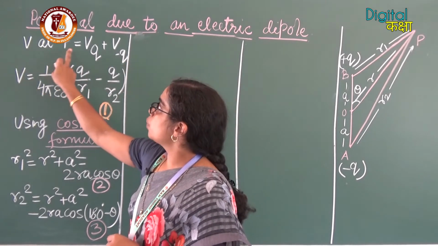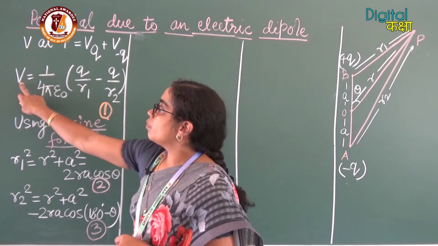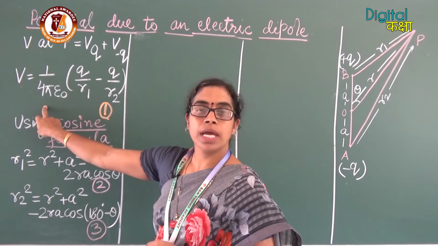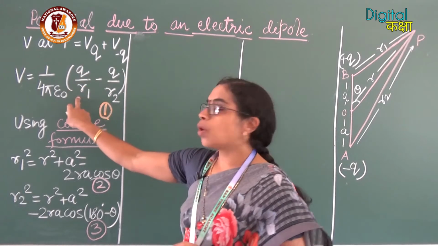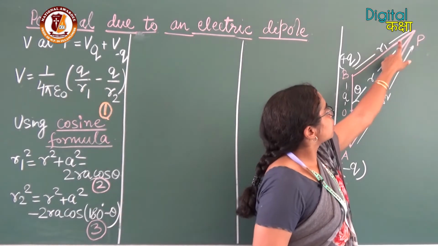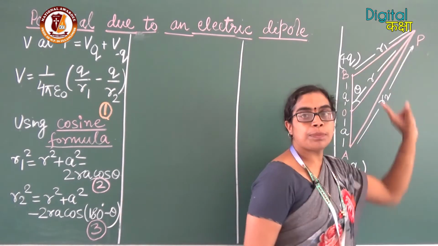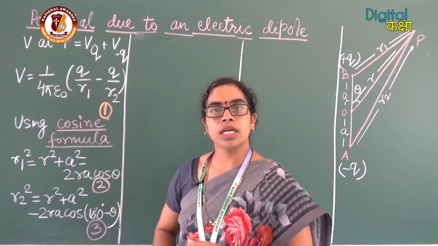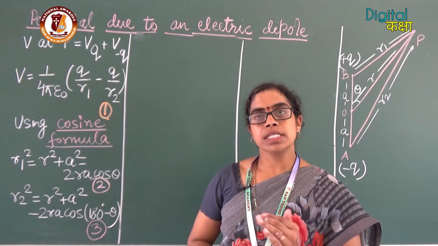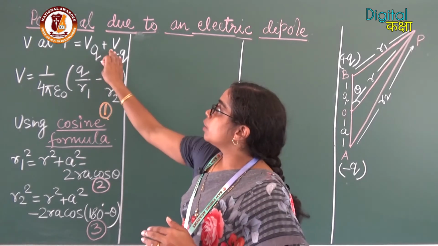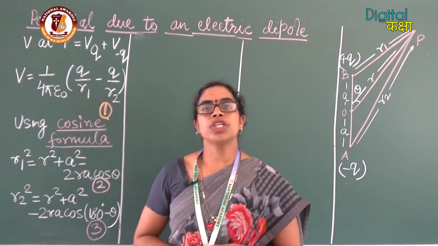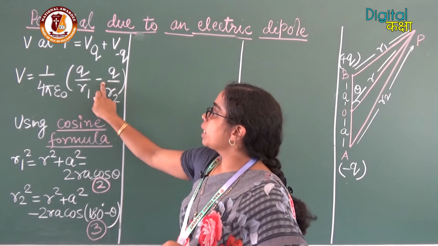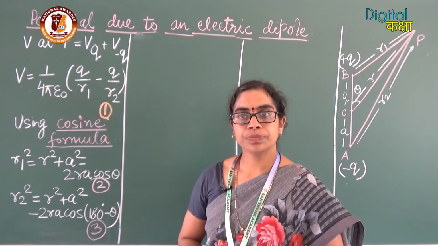When we substitute the values in the formula, we get V equal to 1 upon 4 pi epsilon naught, Q upon R1, where R1 is the distance between Q and P, minus, since the potential is a scalar quantity, and we have already discussed previously that due to the negative charge the potential will be negative, so here it is minus Q upon R2.